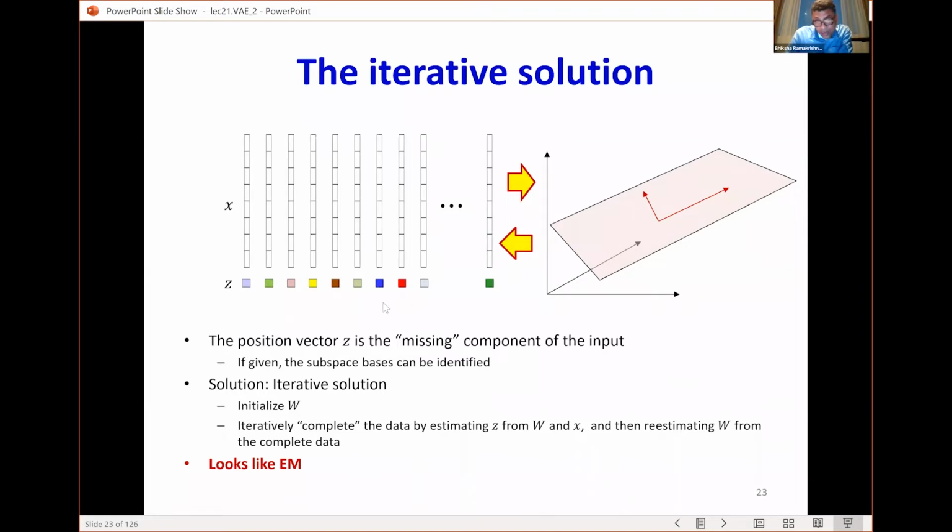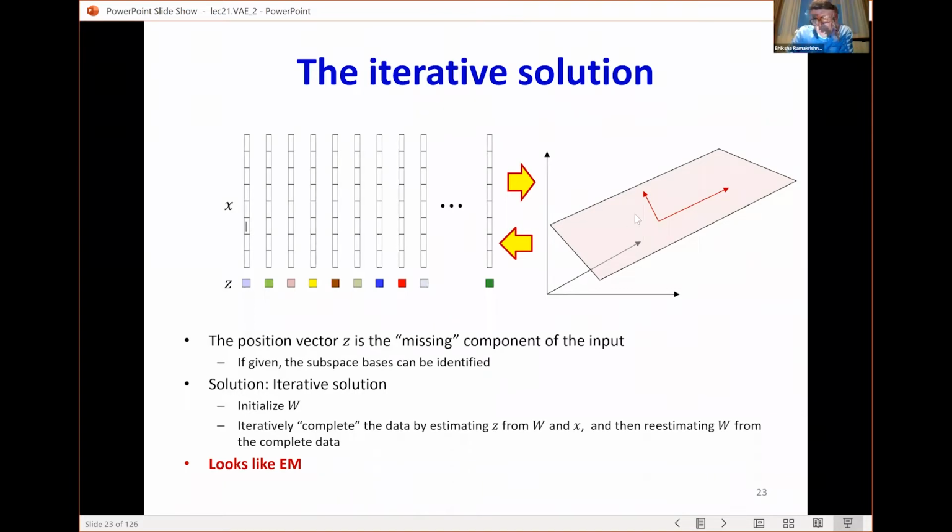What's really going on? The way we are looking at it is that if I knew the coordinates of the shadow of each data point on this principal subspace, then I could estimate the principal subspace. Unfortunately, these coordinates are not known. They are missing.